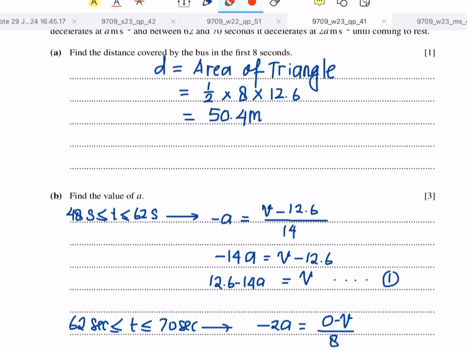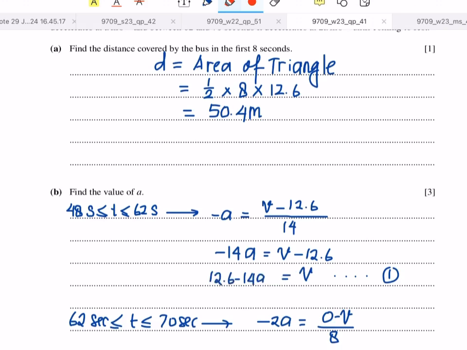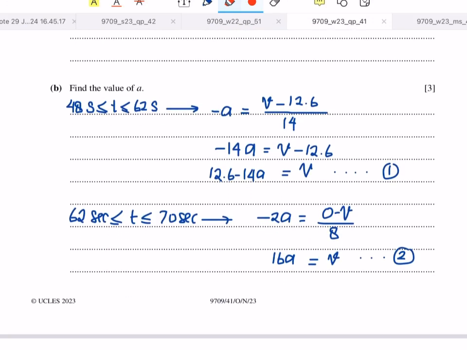So the first equation will be 12.6 minus 14A equals V. For the time from 62 seconds to 70 seconds, the equation will be negative 2A is equal to the final speed 0 minus the initial speed V, divided by the time 8.